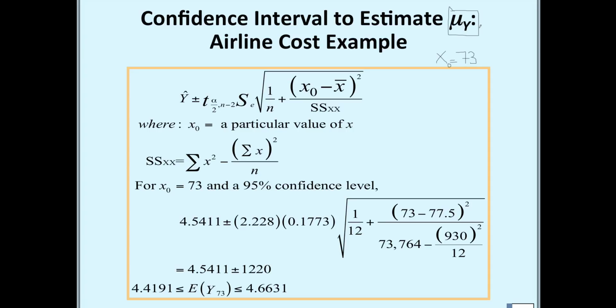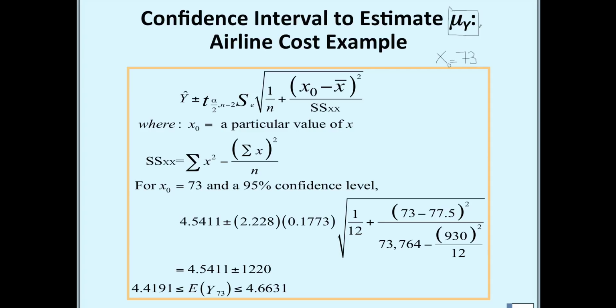That means, let's say we have thousands of flights with 73 passengers. Now you want to predict the mean outcome of all 1,000 observations that have 73.